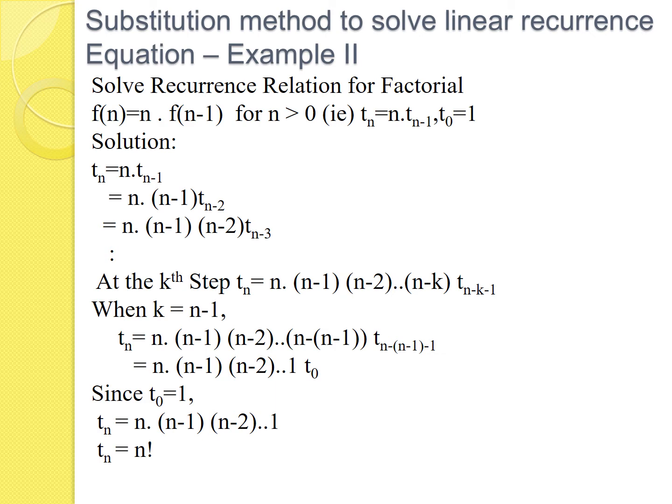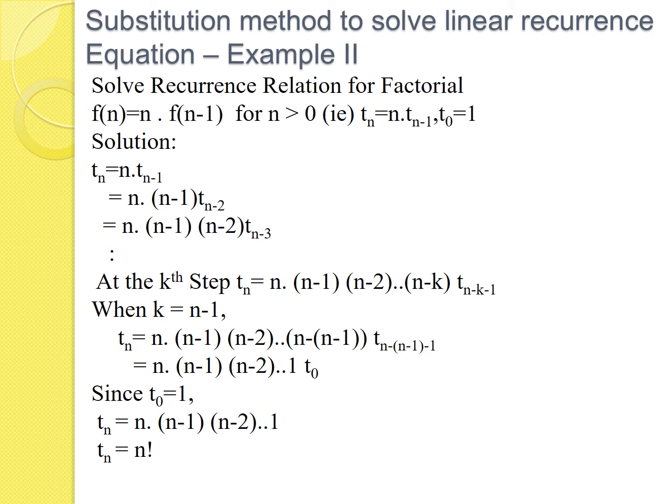Repeatedly substituting the value of t by the definition of t_n, the general formula of the kth step could be obtained as t_n equals n multiplied by (n-1) multiplied by (n-2), which extends to (n-k) multiplied by t_(n-k-1).